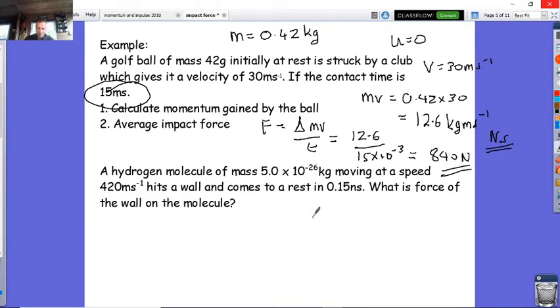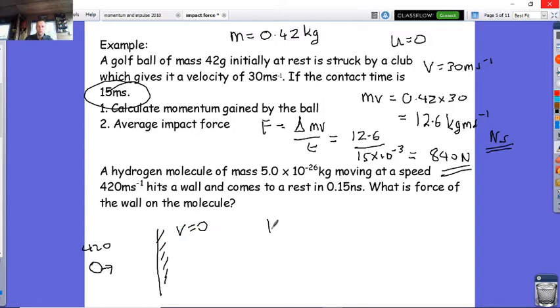Now this one: a hydrogen molecule of mass 5.0 times 10 to the minus 26 kilograms, moving at a speed of 450 meters per second, hits a wall and comes to rest. So here's going to be your wall, and here's going to be your hydrogen molecule. It's going to have an initial speed of 450, and when it hits the wall, the final speed is going to be 0.